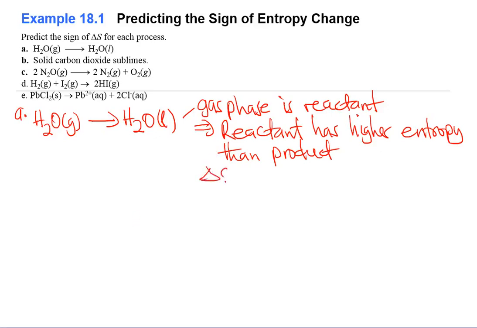What does it tell us? It tells us that the change in entropy is going to be less than 0, because we are moving from higher entropy to low entropy.